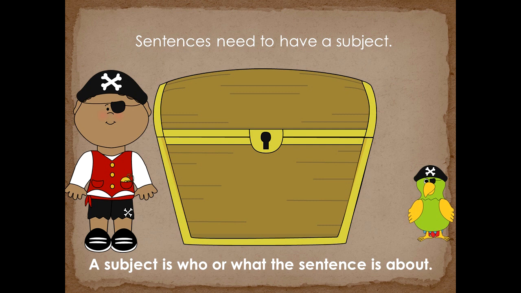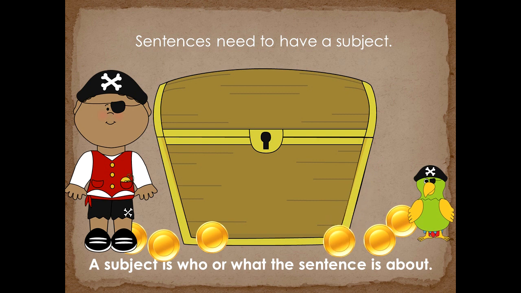Class, I am so glad that you have come to learn about sentences with me today. And today we learned that sentences need to have a subject. And I know that you will remember this learning treasure, and you will write wonderful sentences that make sense and that have a subject.